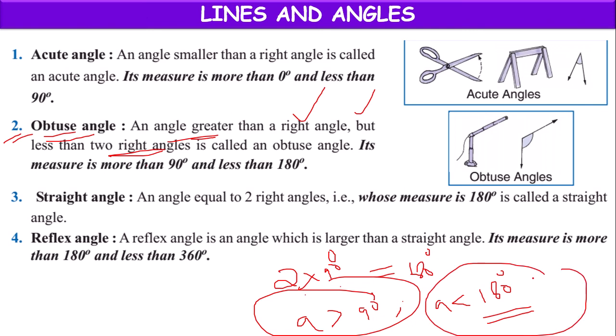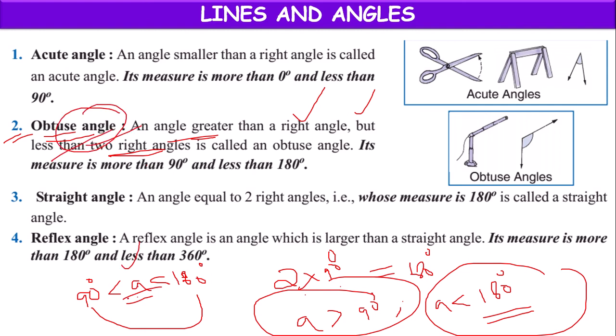These two relations can be written as 90 degrees less than a less than 180, which means this angle A will be between 90 and 180 degrees, and then angle A is said to be an obtuse angle. Its value is more than 90 degrees, less than 180 degrees.